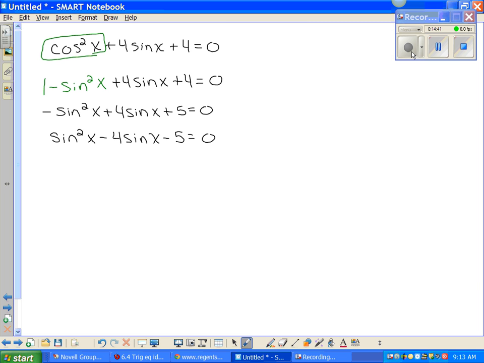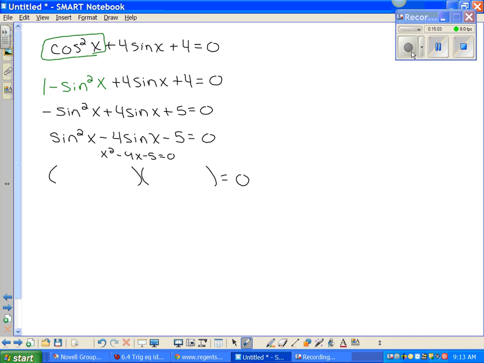So now it's easier to look at, right? I've seen this before. This is actually really easy to factor. Okay, if you need to think about it in terms of x squared minus 4x minus 5 equals 0, then do that. But this should be pretty simple. All right, you know how to factor that.